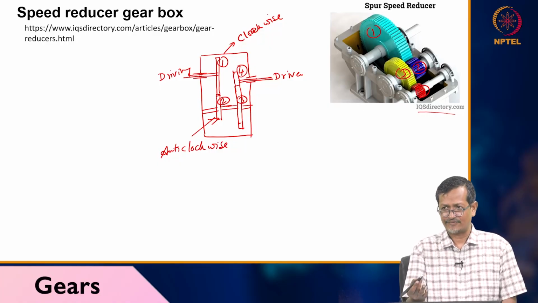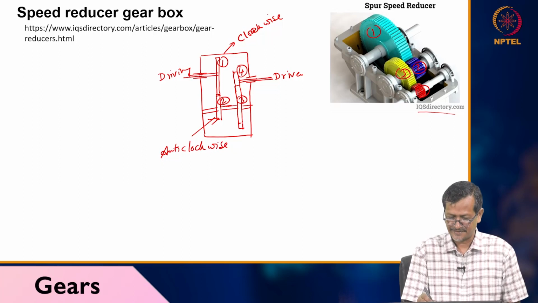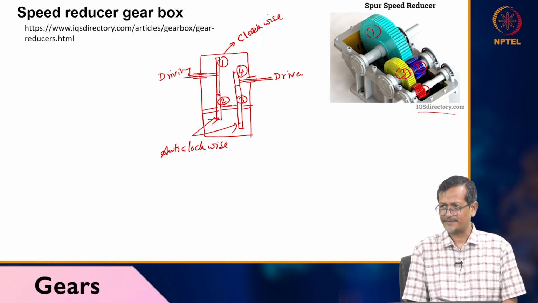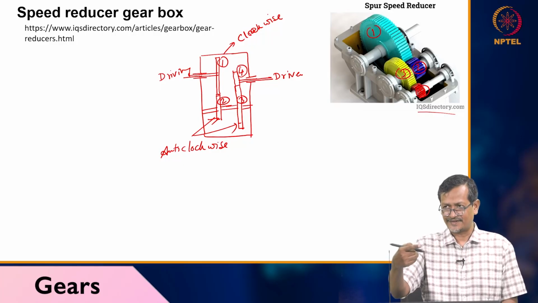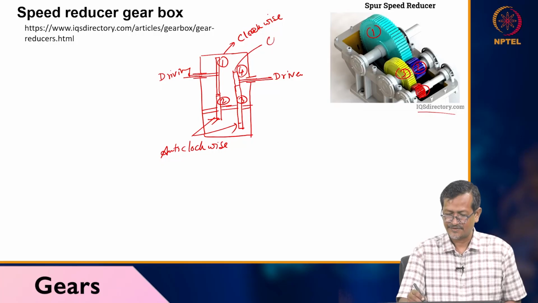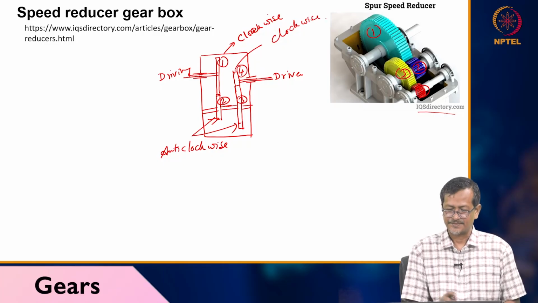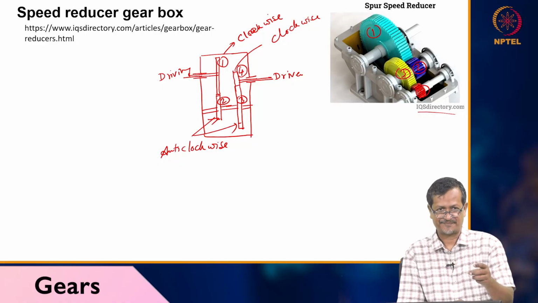Then gear 3 will be anti-clockwise because it's directly connected, right? But 3 is driving 4, so the direction changes again and 4 becomes clockwise. This means the driving shaft direction and driven shaft direction are the same.